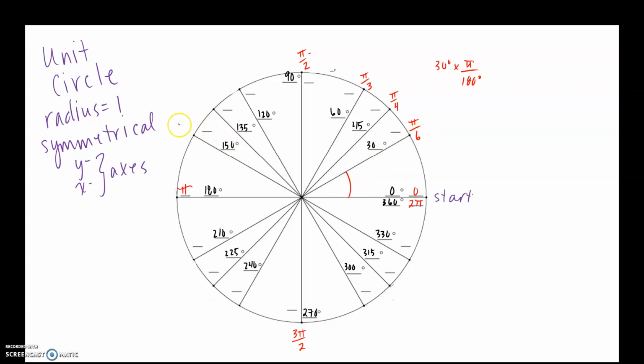So my 150-degree angle is going to refer back to my pi over 6 angle from the first quadrant. So 135 degrees is going to refer back to my pi over 4 angle, and my 120 degrees is going to refer back to my pi over 3 angle. But it can't equal pi over 6, pi over 4, or pi over 3. They're too small.